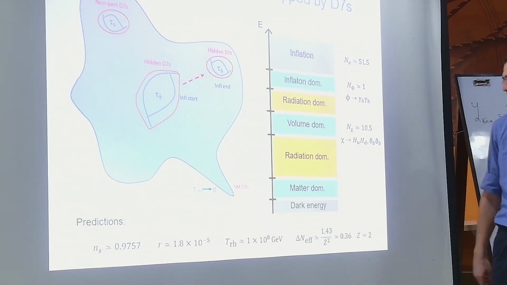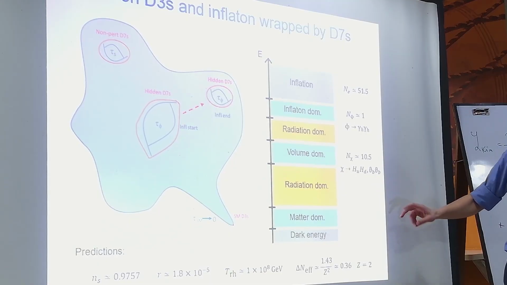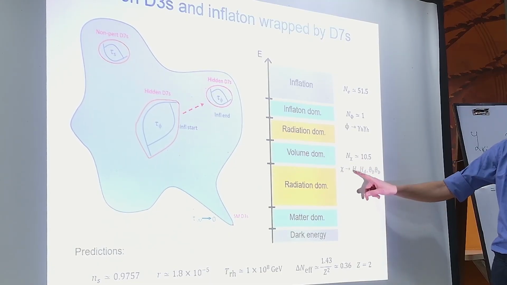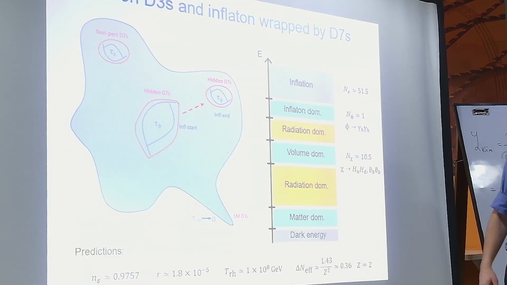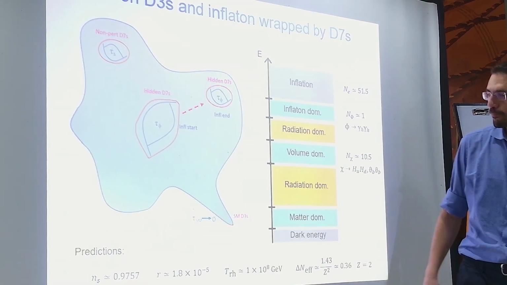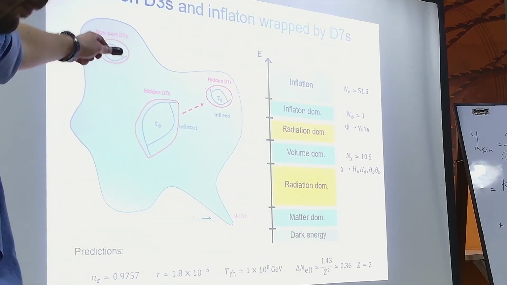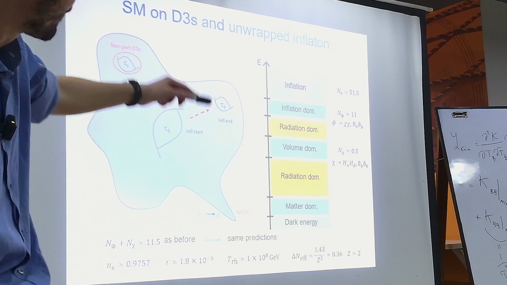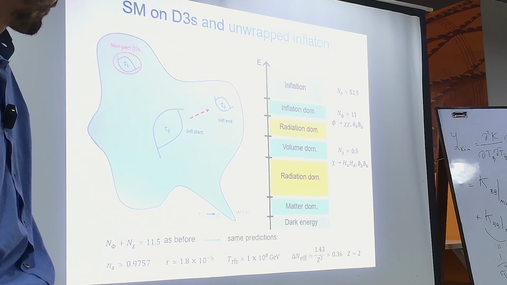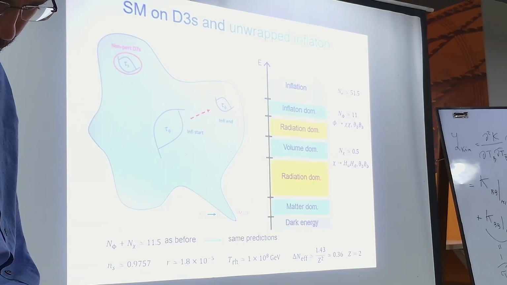Here you produce more from the decay, again, of chi into axions. And the MSSM Higgses would instead reheat into the visible sector. And that's the case where the inflaton is wrapped by some hidden D7. We checked also the case where the standard model is on D3s, the inflaton is not wrapped by any hidden D7. The predictions are very similar.